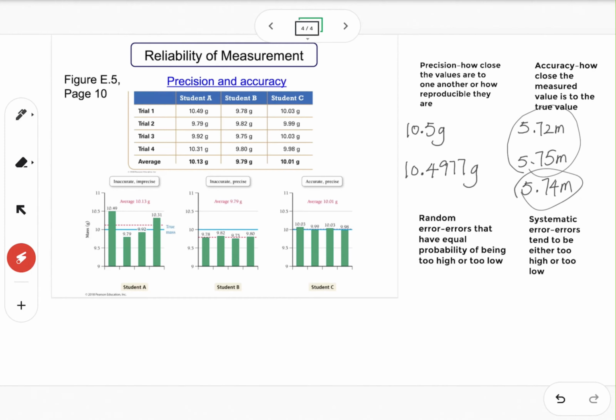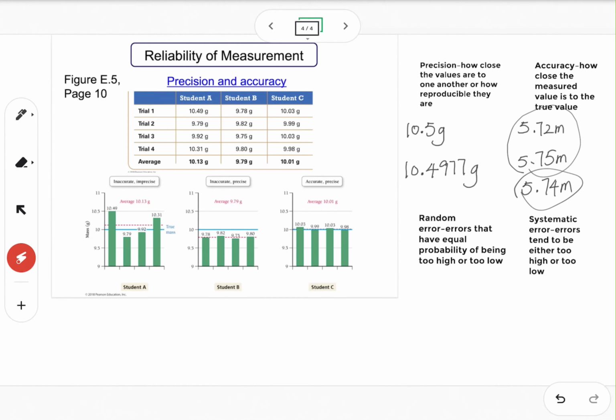The true mass is 10.00 gram. The other 2 readings from student A are lower than the true value. For student B, all 4 values are lower than the true value. For student C, again, 2 of them are slightly higher, and the other 2 are slightly lower.